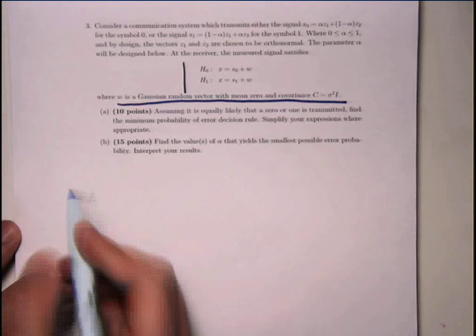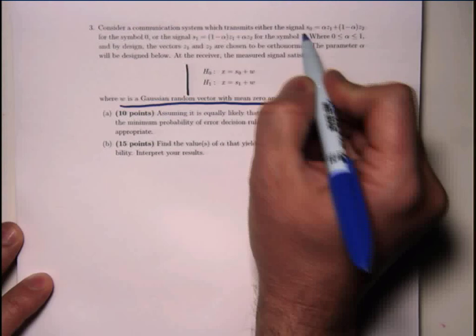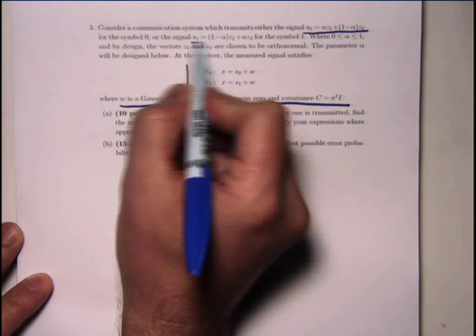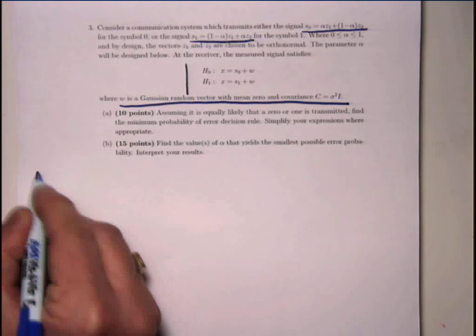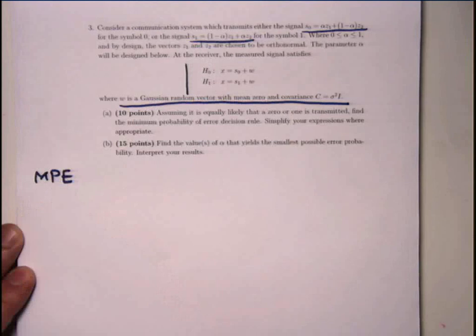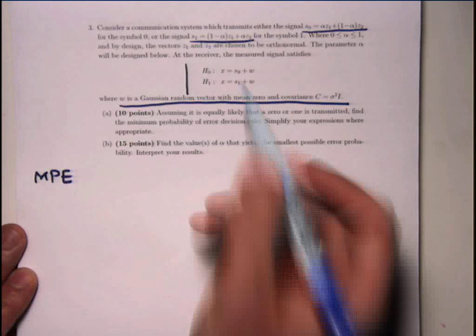Okay, so let's remember these. These are the two signals, S1 and S0. Minimum probability of error decision rule in this case, where you have two Gaussians.